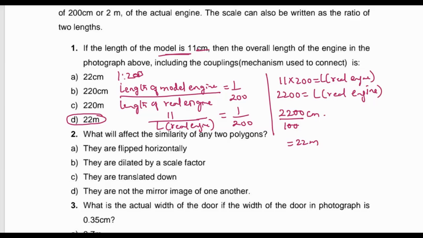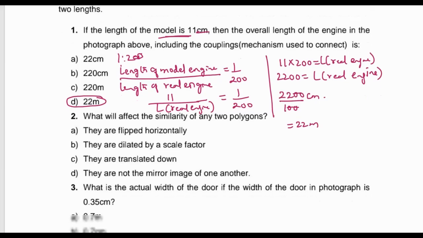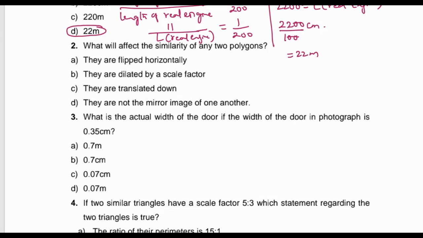Then, moving on to the next question, what will be the effect on the similarity of any two polygons. So, they are flipped horizontally. After flipping, the size of the polygon remains the same.